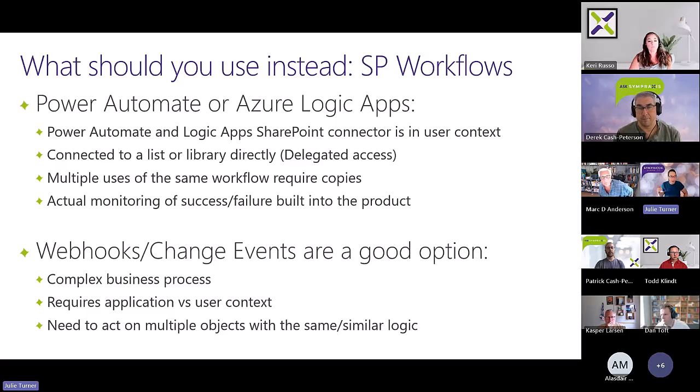The one thing I will say is that depending on how you create them, this is different depending on Power Automate versus Logic Apps, but I'll use the Logic Apps example. When you create a Logic App and you make the connector to the list, the connector is the person who's creating the Logic App, not the user who triggers the Logic App.